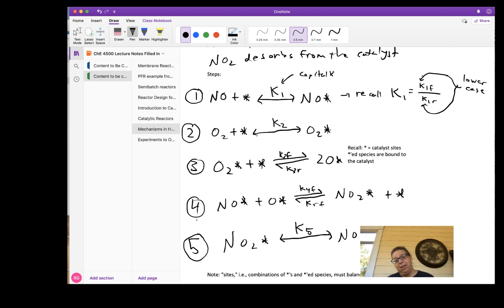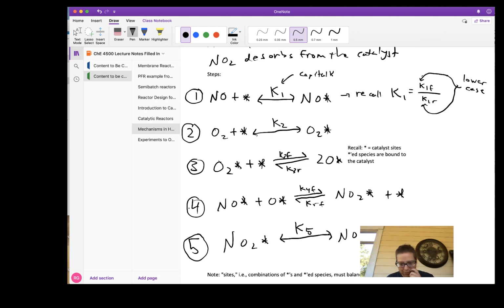One of the beautiful things about this reaction mechanism, and these are complexities that are beyond the scope of this course, is that under actual catalytic conditions, depending on the conditions you select, step 3 or 4 can be rate limiting.